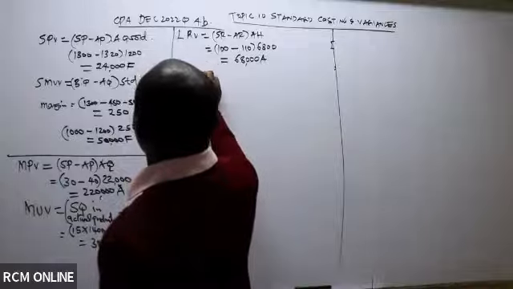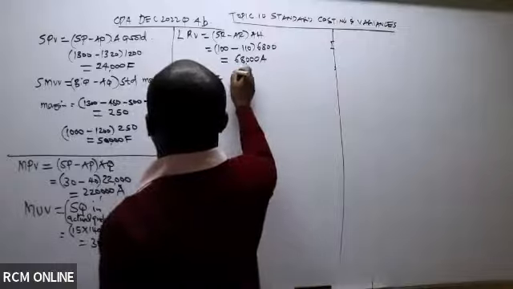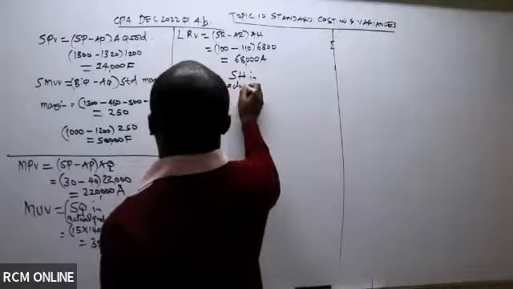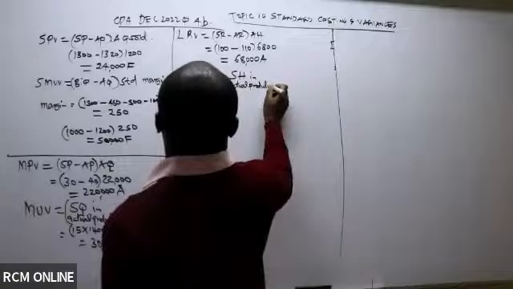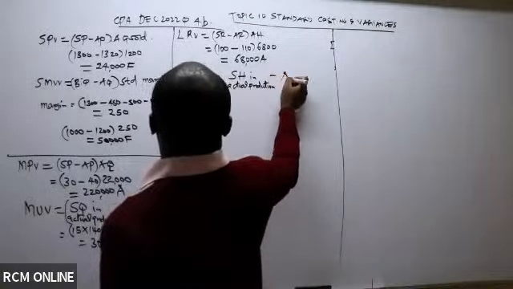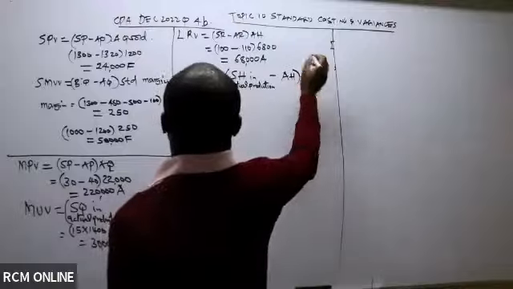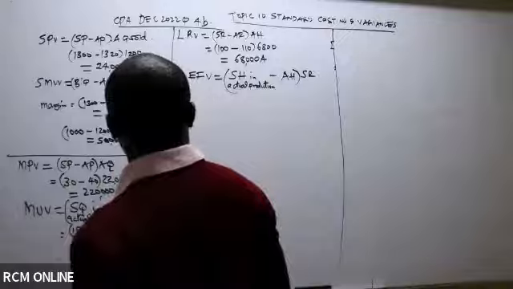How effectively are you utilizing the labor that has been paid for? Labor efficiency variance is equal to standard hours in actual production minus actual hours, multiplied by standard rate. So can someone give us standard hours in actual production?